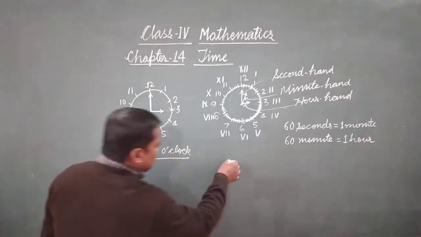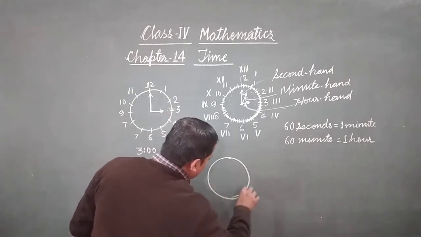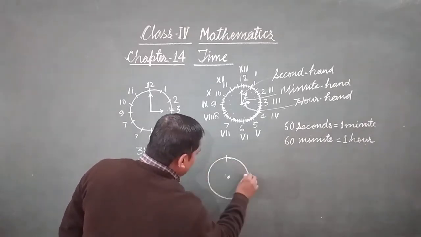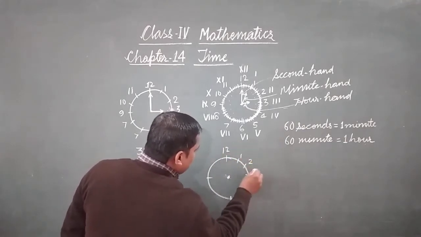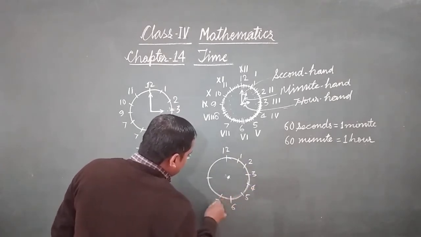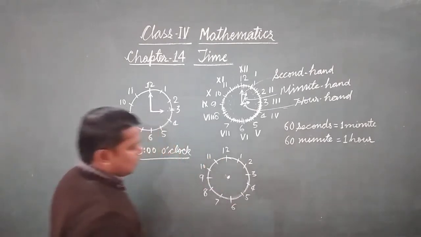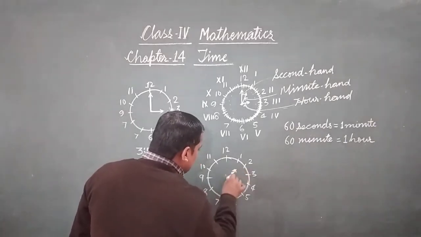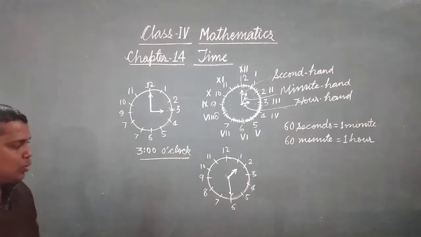Similarly, I am drawing another clock to tell you. If the hour hand is here and the minute hand is here, then we say the time is 1:30.